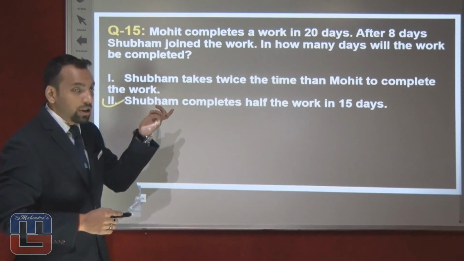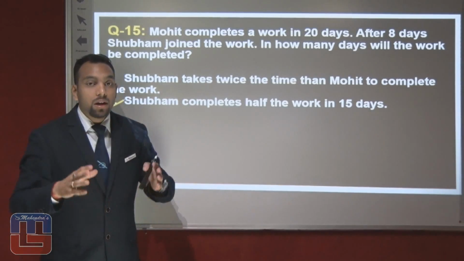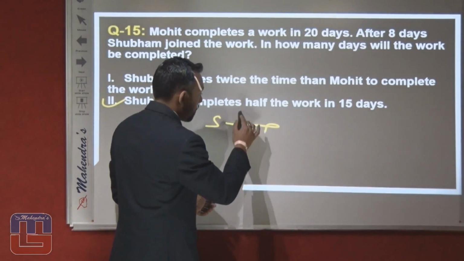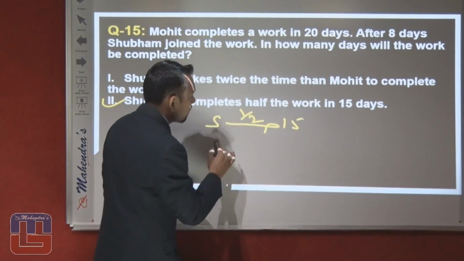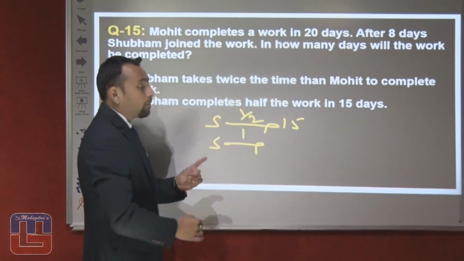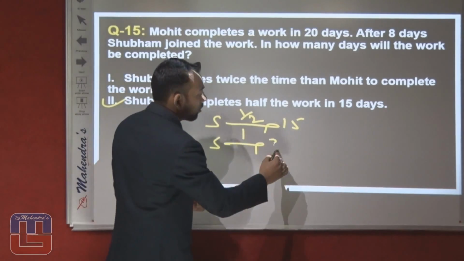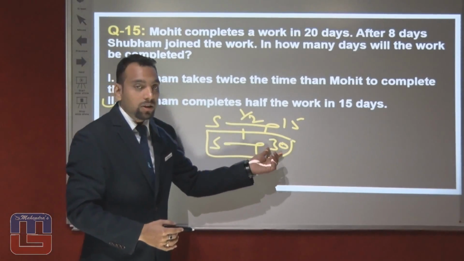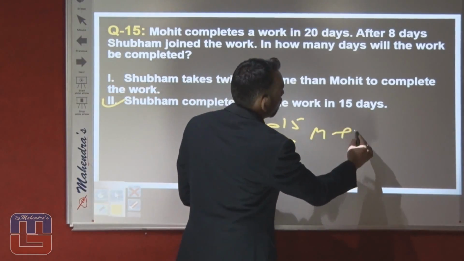The second statement is that Shubham completes half the work in 15 days, which means Shubham will complete the whole work in 30 days. So here we get that Shubham will complete the work in 30 days and Mohit will complete the work in 20 days.